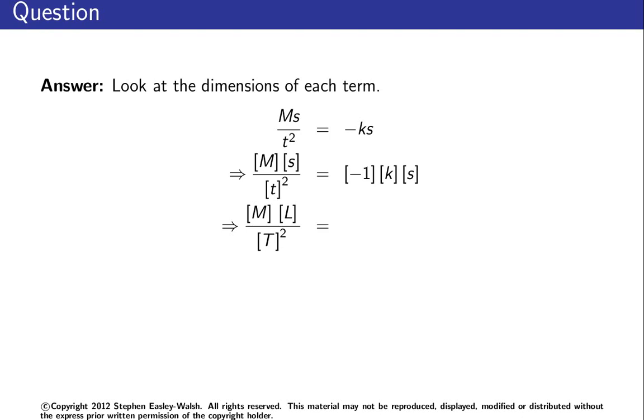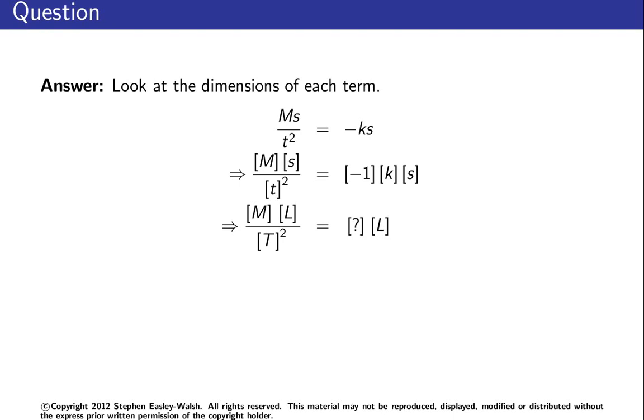The dimension of the minus 1 is nothing. It has no dimension. It's just the number minus 1. It's not a measurement of anything, so you can forget that. And the dimension of K is what we're looking for, so I'll just leave that as a question mark. And the dimension of S is length again. Now you notice, just like in maths, you can cancel on both sides here.